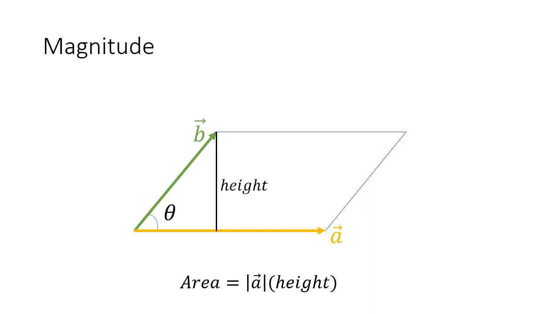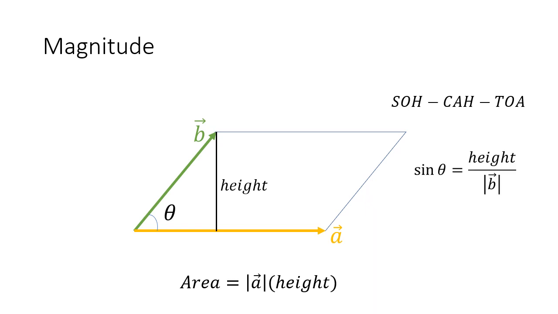To figure out the height, it looks like I just made a right triangle, which means we're going to use some right triangle trig, SOHCAHTOA. The height is my opposite side, and I know my hypotenuse, which is my vector B, so we're going to be using the sine function.